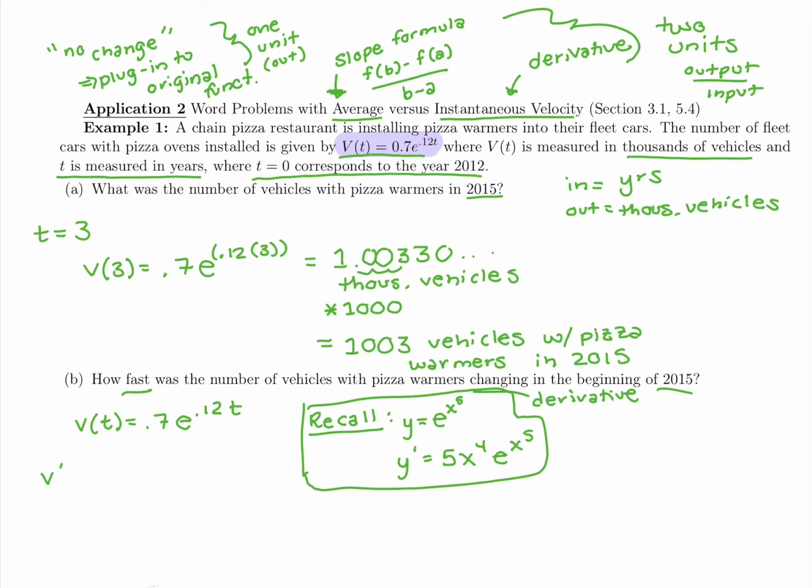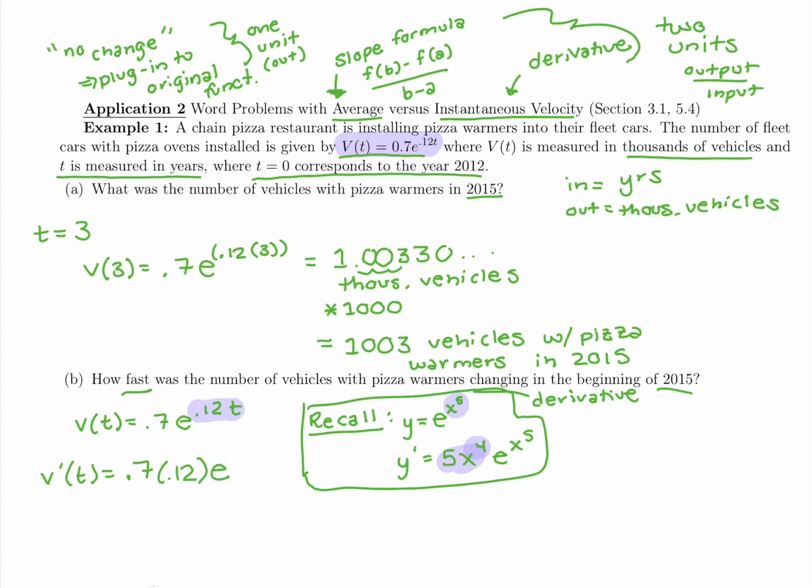So we're going to take the derivative of this, so we'll call it v prime of t. We're going to keep that constant multiple 0.7 and take the derivative of e to the 0.12 t. So we'll start with the derivative of just the power, just like we started with the derivative of x to the fifth would be 5x to the fourth. We're going to follow that same pattern. Derivative of the power, derivative of 0.12 t is just 0.12.